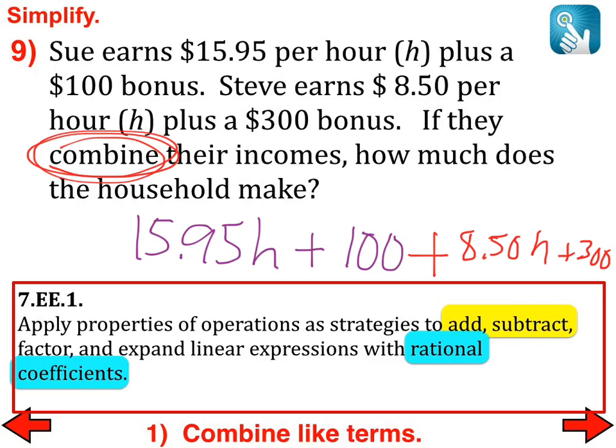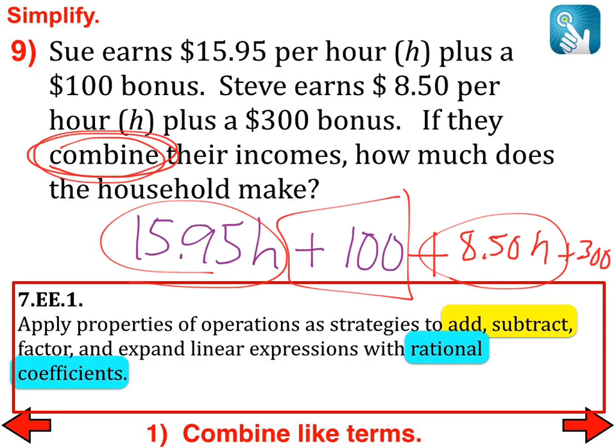So from there, we would just add those two expressions together. Everybody see that? Yeah. Okay, I'm not going to make you do that because I think it's obvious. We've done enough of those problems already today that I don't need to make you do that. But you would combine your like terms and simplify it from there.